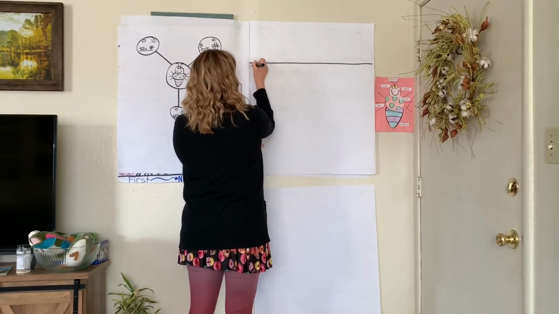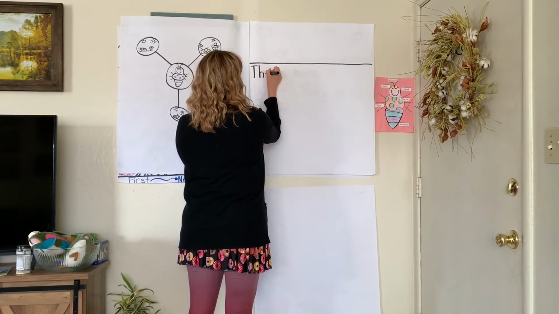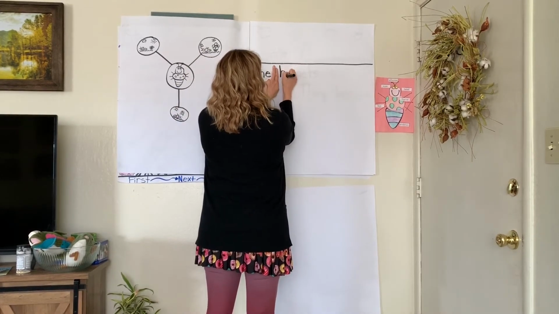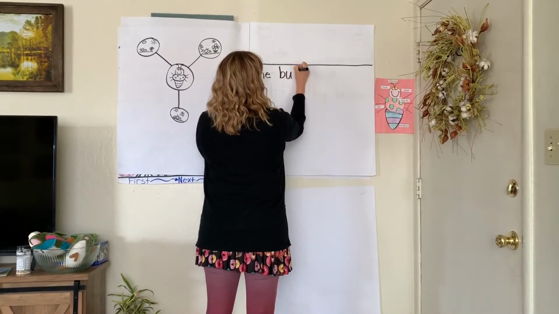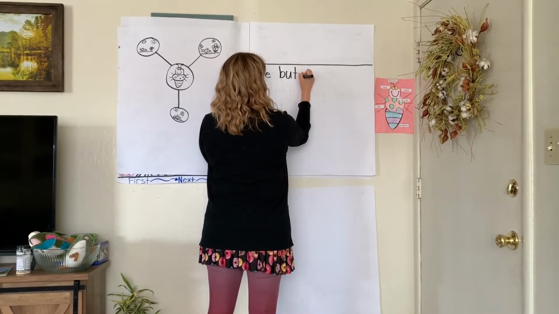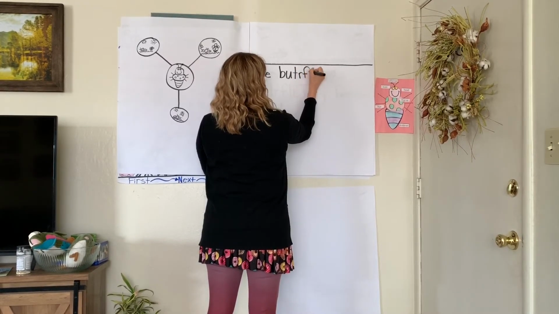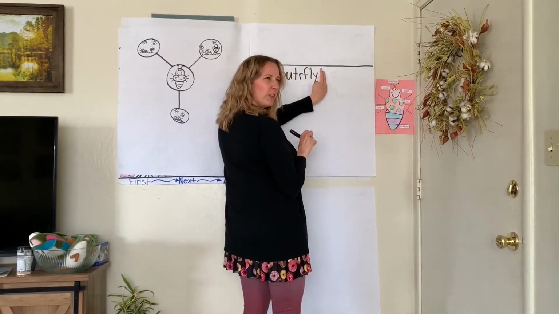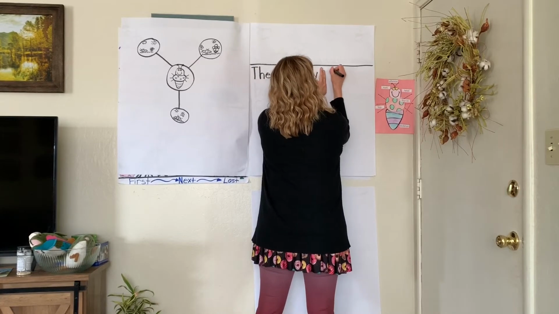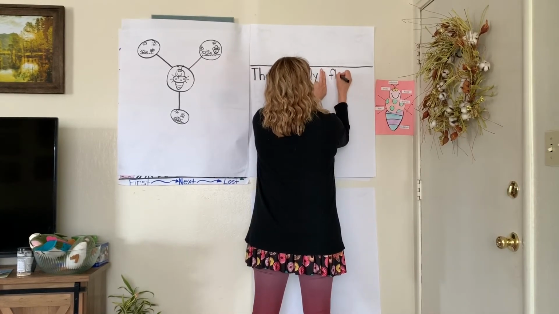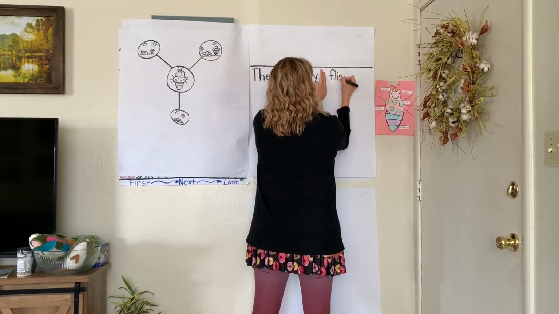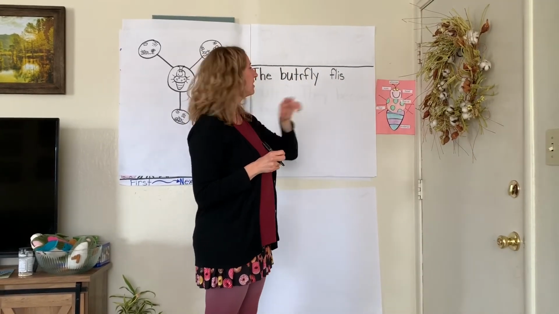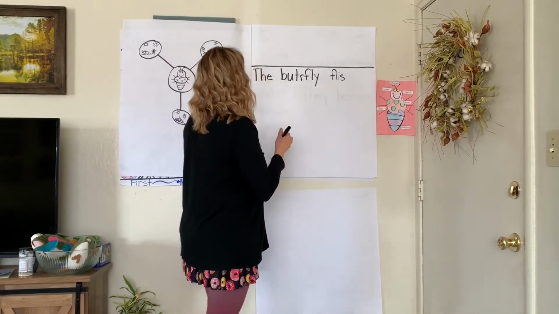The, finger spaces, butterfly, flies. Oh, I might be able to squeeze in the word away there, but I'm a little worried about space. So I'm just going to come down to the next line.